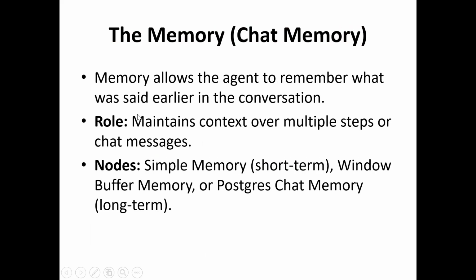Another thing is the memory. Memory is how the AI agent remembers previous conversation, in that it keeps track of every conversation.